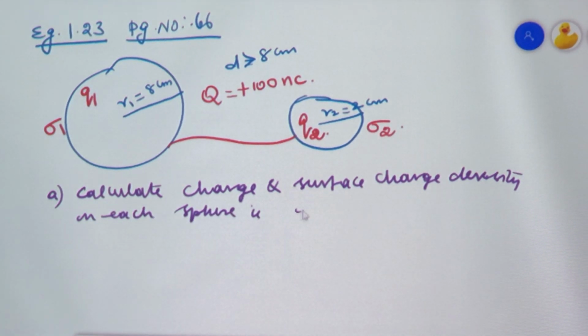That is, you have to calculate the value of Q1 and the value of sigma 1. Similarly, the value of Q2 and the value of sigma 2. This is the first question asked.